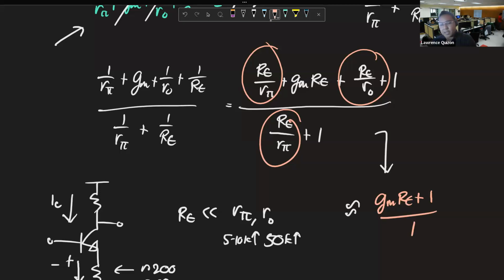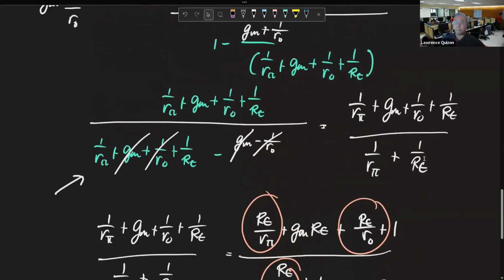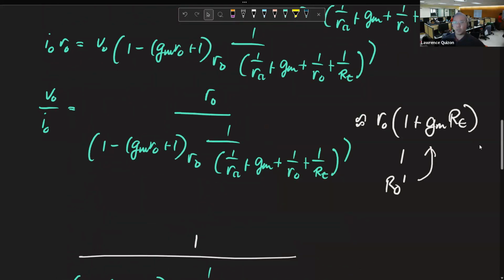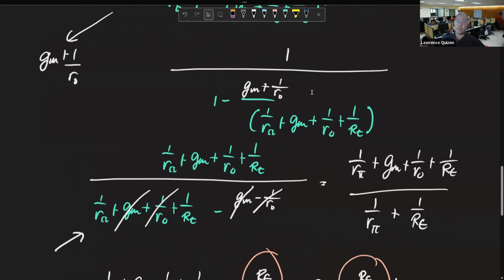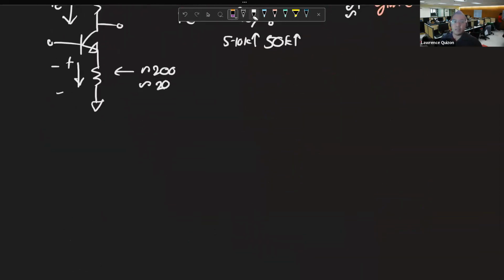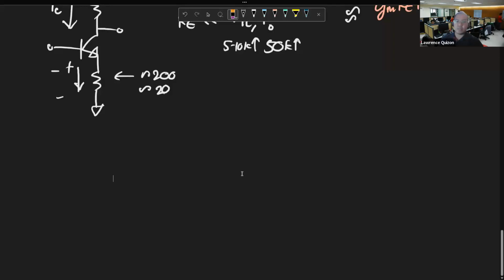So really, what we get is gm RE plus 1 over 1, which is gm RE, with the assumptions. All right? Which puts us here. So in summary, let's scroll back up.